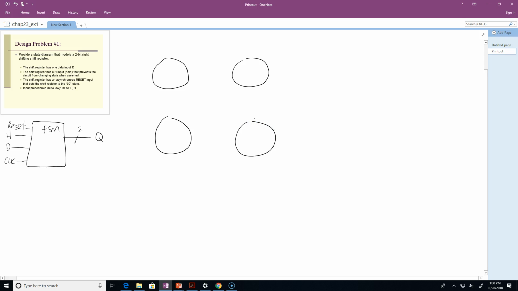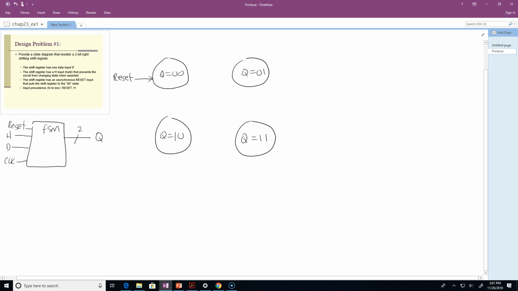Q equals 0, 0, Q equals 0, 1, Q equals 1, 0, Q equals 1, 1. Okay, there are my 4 states. First thing I need to do here is put in the reset before I forget. And I think the reset is asynchronous, goes to the 0, 0 state. So I'm going to say reset goes to 0, 0, and that looks good.